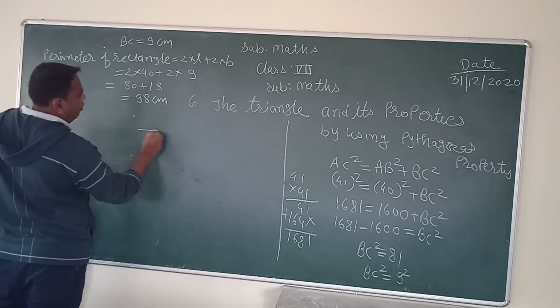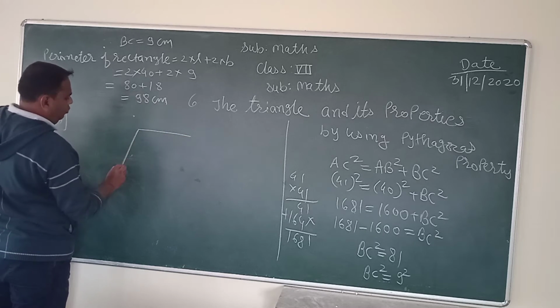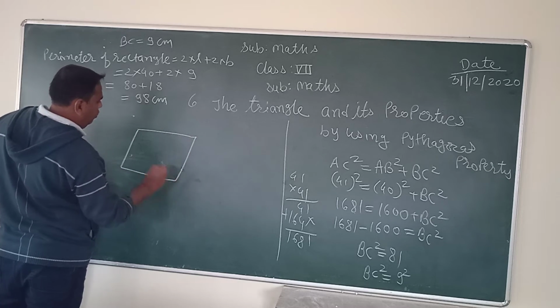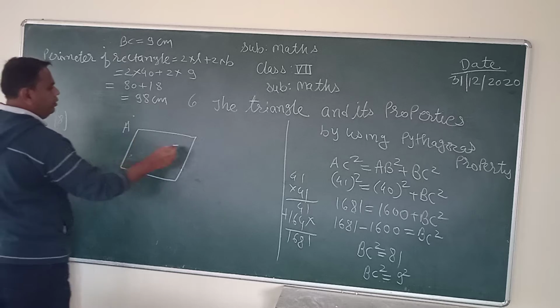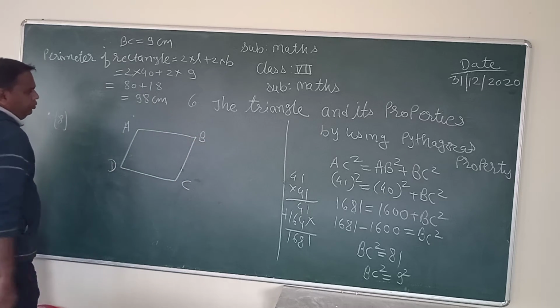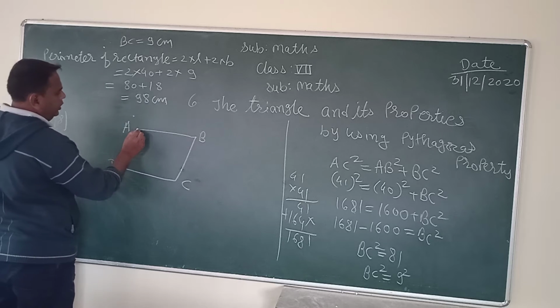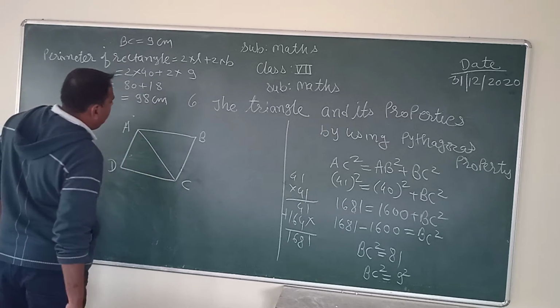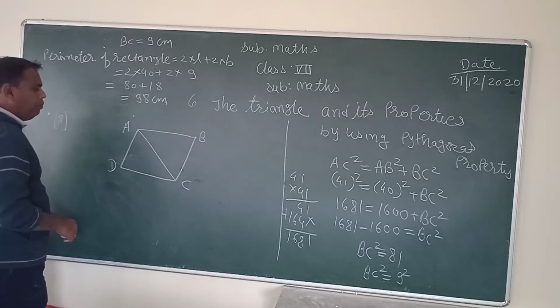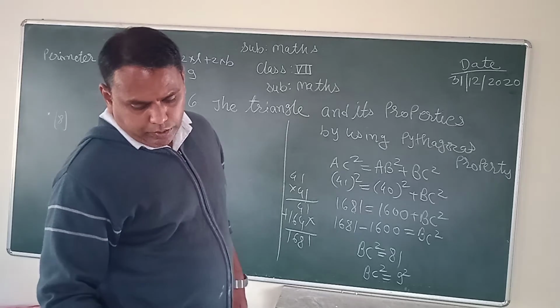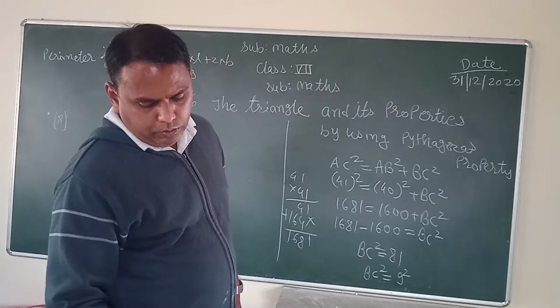We draw here a rhombus. It's a rhombus ABCD. Here AC is the diagonal of the rhombus. In this question, we have given here the diagonals, students.